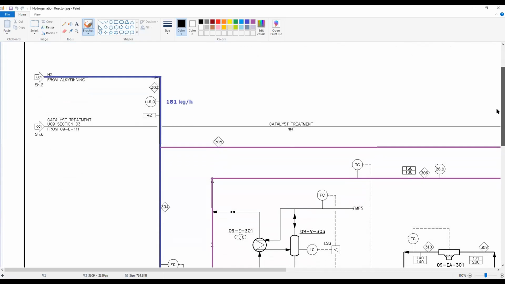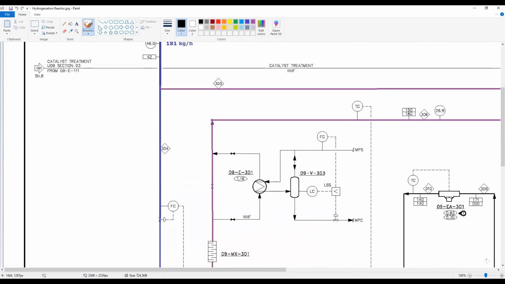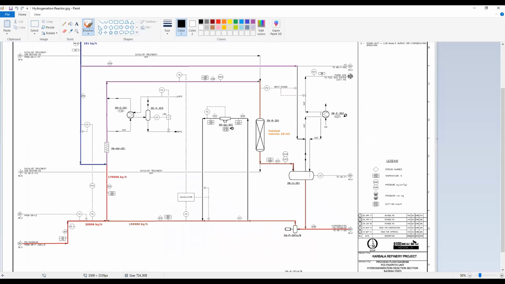Okay, this is our. Let me put it smaller first. We have our reactor here, okay, with the 28 cubic meter of catalyst.